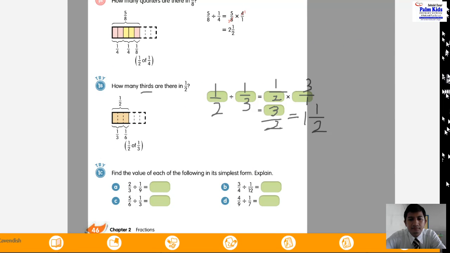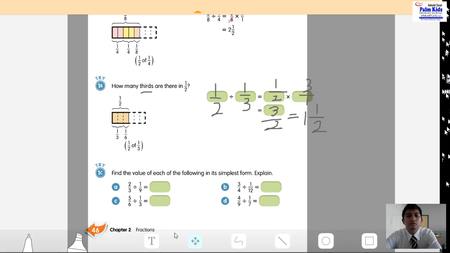Next, we're going to do this fast. 2 per 3 divided by 1 per 9 equals 2 per 3 multiplied by 9 per 1. Since we can cross-simplify, 3 divided by 3 is 1, 9 divided by 3 is 3, so 2 multiplied by 3 is 6. Next, 5 per 6 divided by 1 per 3, or one third.